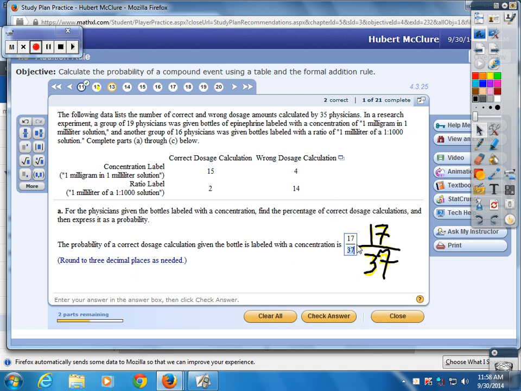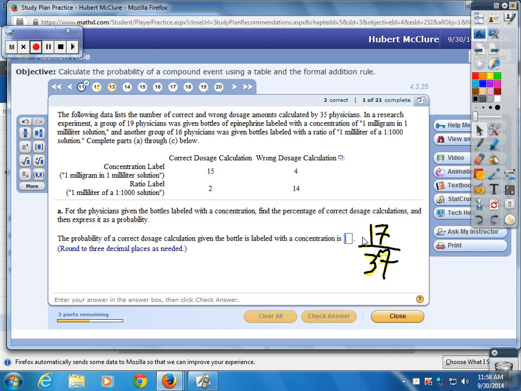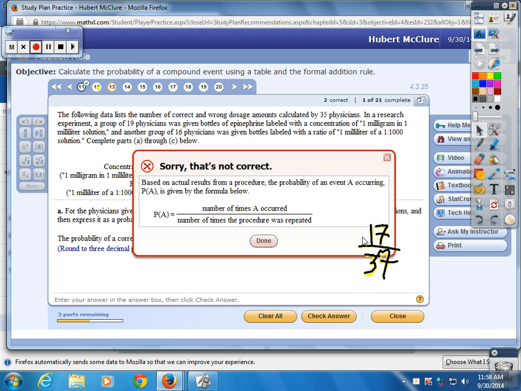Oh, decimal. Give me the decimal. Somebody, 3 places. I don't trust you, Miss Baroni, especially when you have both hands over your face. How much? No, it'd be 17 divided by 37. 0.46 even? 460.